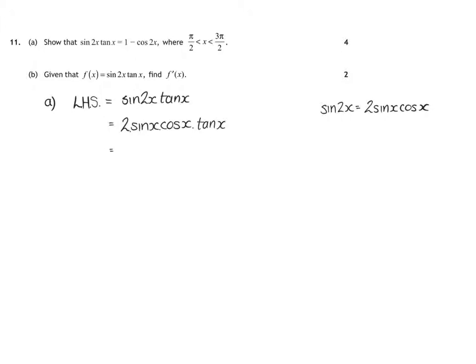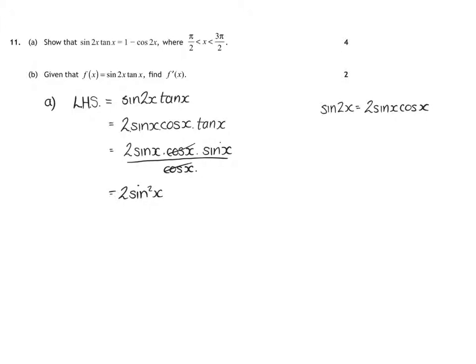Then tan x is sine x over cos x, so we're going to have 2 sine x cos x times sine x over cos x. Okay, so we can cancel these out, so we get 2 sine squared x.